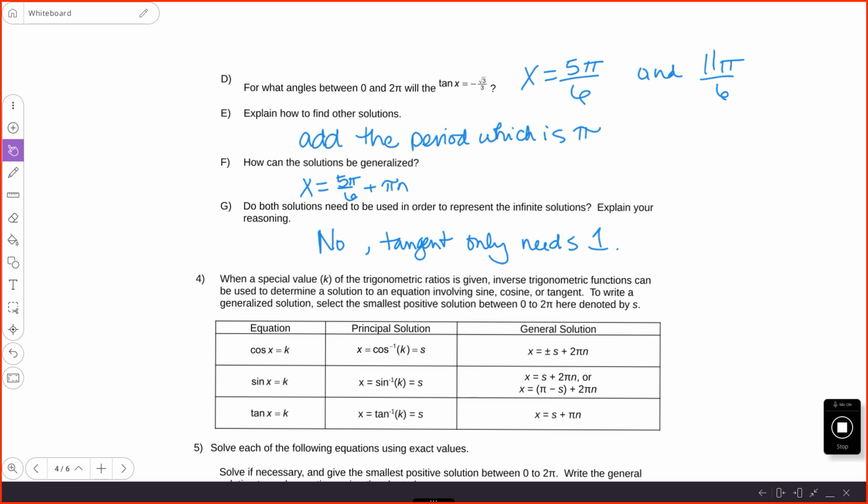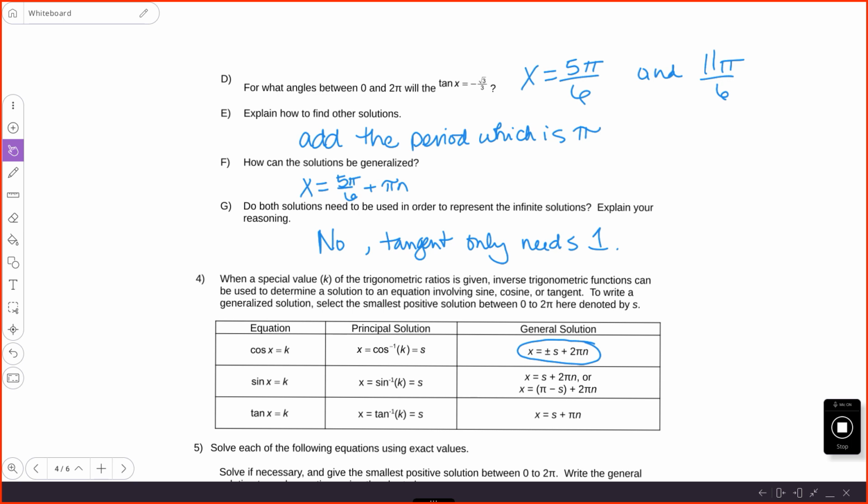Here's the little chart again. Same chart that we used before. This tells us how to get our general solutions, though they've just added in the 2 pi n for us. But you can see for cosine, now look, I don't want to confuse anybody, but you can do what we just did. Find the 2, because there's always a solution in each quadrant.